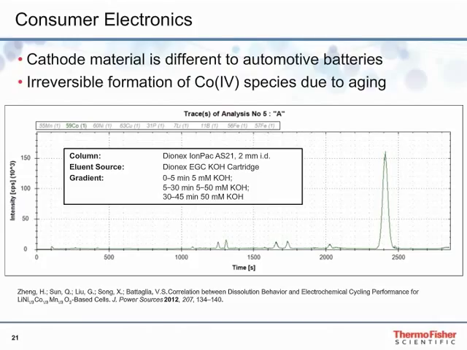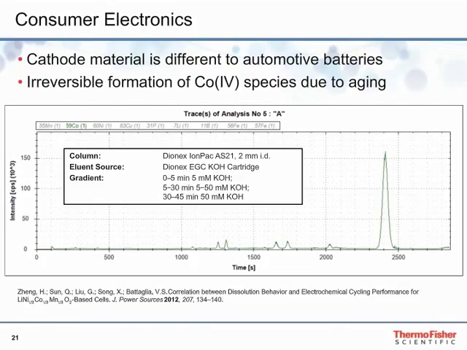In the automotive industry, cathodes contain mostly manganese to enhance their performance. In the consumer electronics industry, price is an important factor, so cathodes typically contain a mixture of cobalt oxides. During degradation, therefore, an irreversible oxidation of cobalt to cobalt-4 is typically observed.